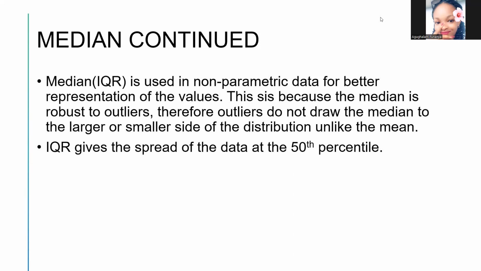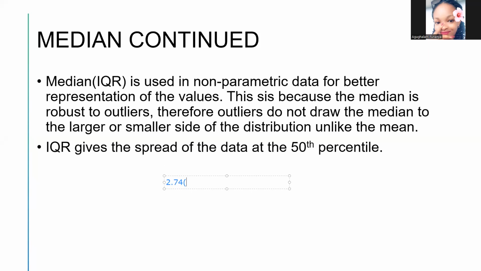Let me annotate. Let's say our median is 2.74, and then the interquartile range: inter means between two, and quartiles are percentiles expressed in proportion.